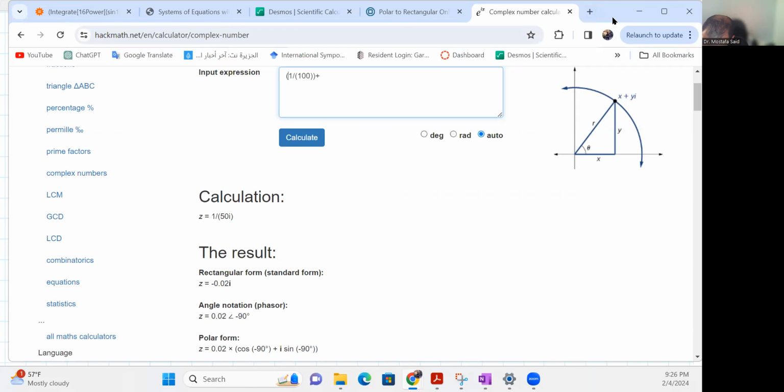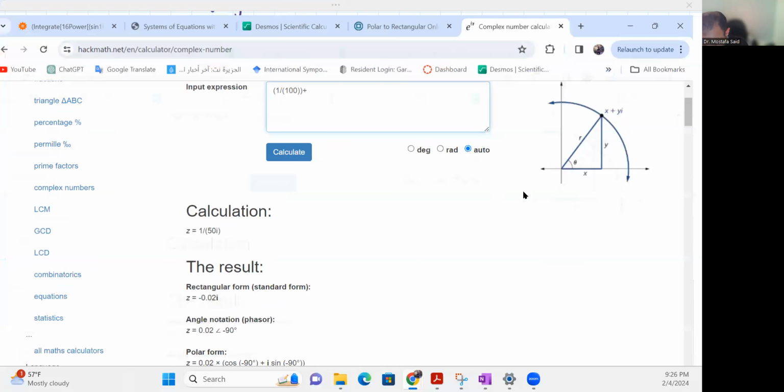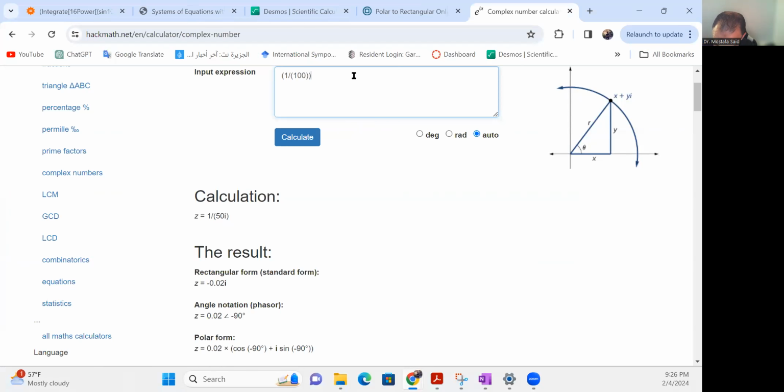And we have V1 minus 1 over J50. 1 over, and put another parentheses. This is very important. 50i. Okay.